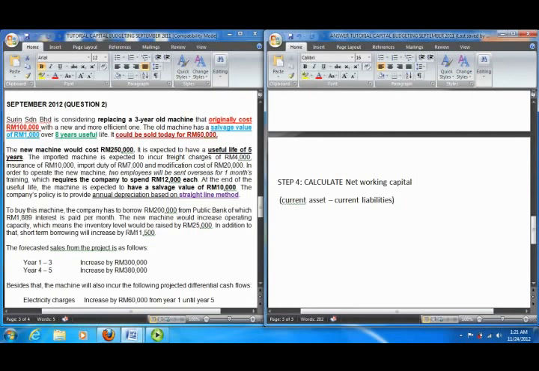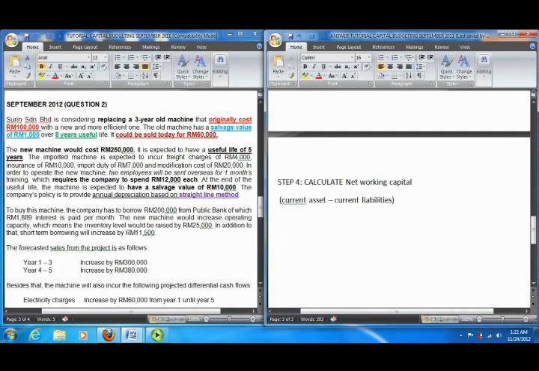But my suggestion here, class, before you calculate all this initial outlay, annual cash flow, and terminal cash flow, you need to follow all these steps first. So easy for you to calculate all the IO, annual cash flow, and terminal cash flow.